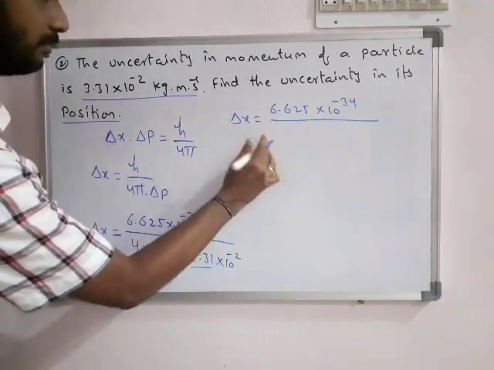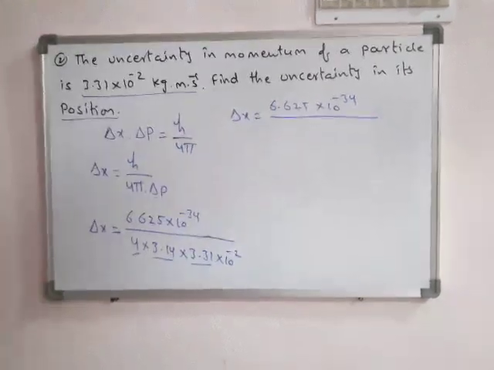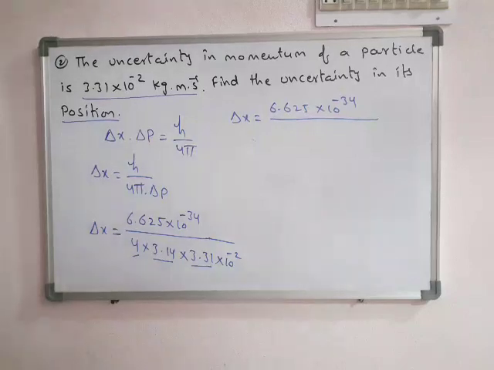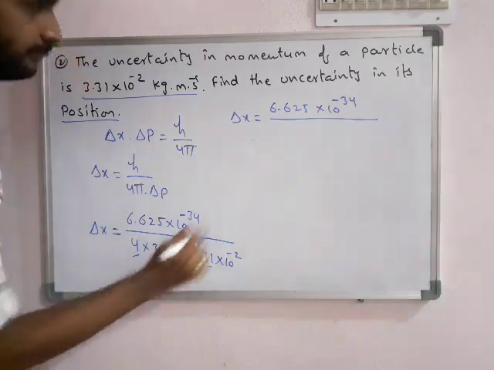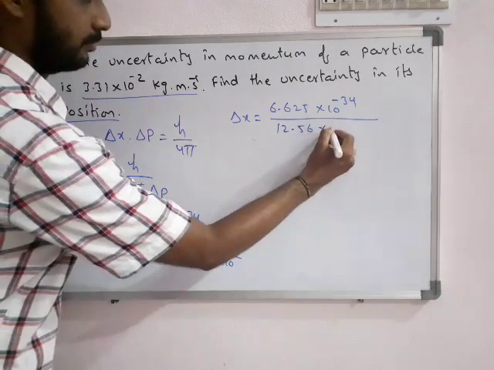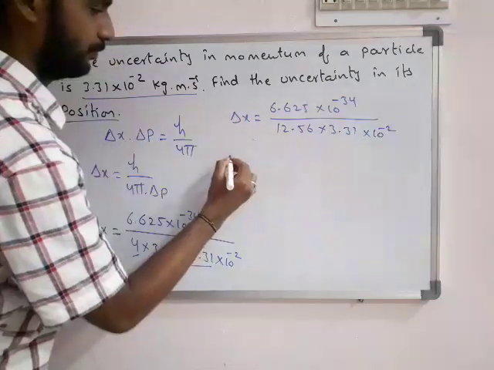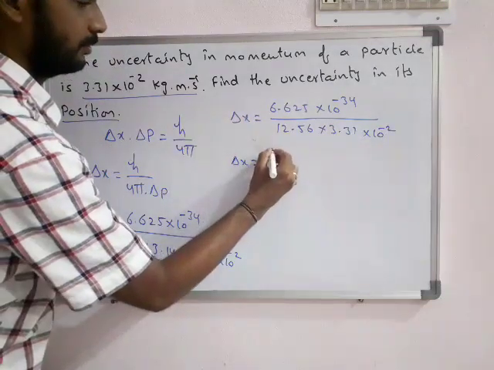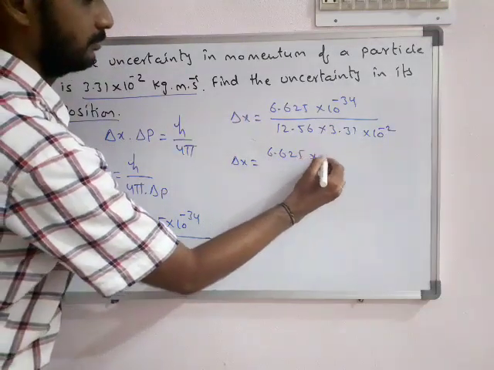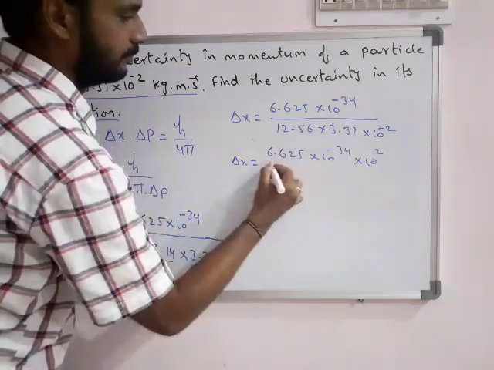So on this calculation we will get approximately 12.56, again minus 34, it becomes 10 square.